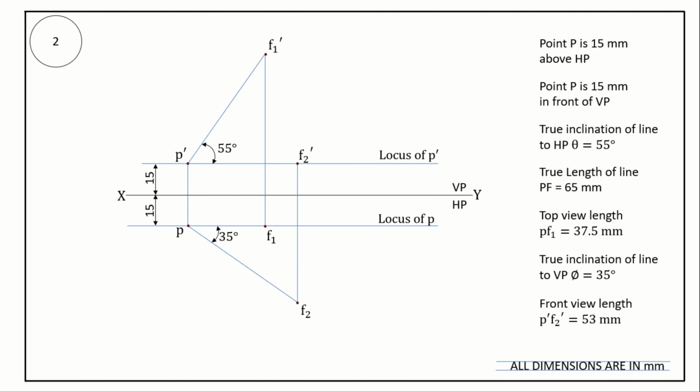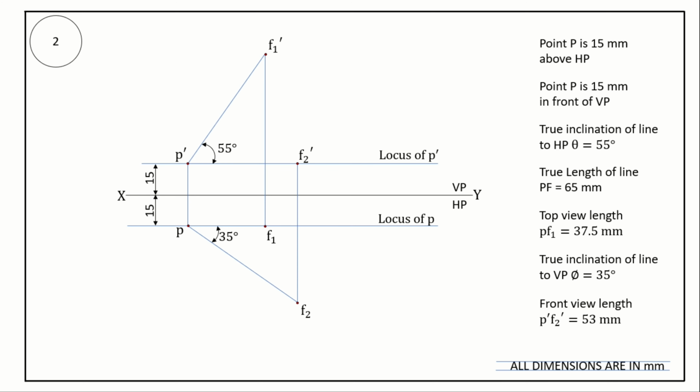Here, using the true inclination of the line to HP, theta equal to 55 degrees, and the true length of line PF equal to 65 millimeter, I found the top view length PF1 is equal to 37.5 millimeter. Similarly, using the true inclination of the line to VP, phi equal to 35 degrees, and the true length of line PF equal to 65 millimeter, I found the front view length P dash F2 dash is equal to 53 mm.